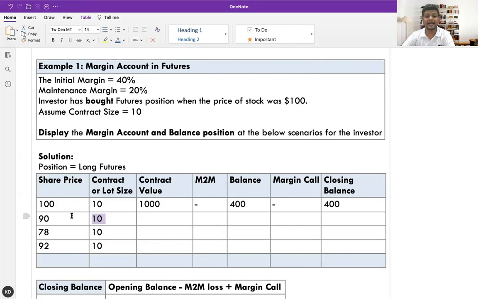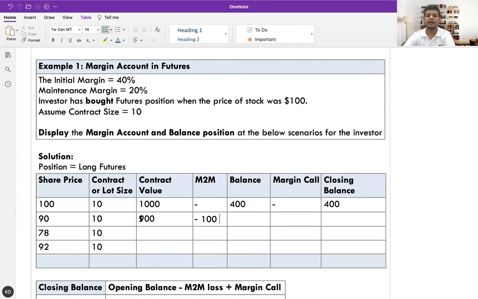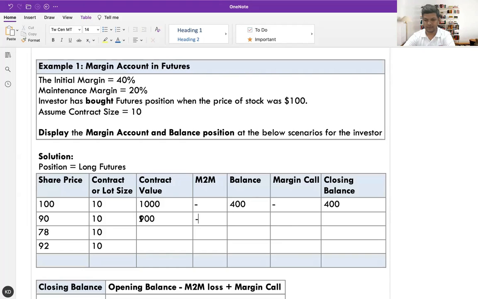Now, what happened the next day? I've given you a scenario where the next day the price went down to 90. So your contract value is now 900. There is a loss of 100. This is called mark to market. What will be my balance? 300. Correct?